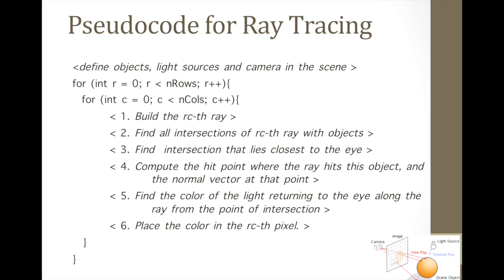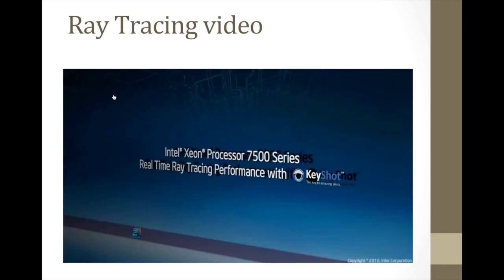And ultimately, once we trace that ray back, it may be several steps. Step 5 here is often its own loop where we're tracing that back many times. But eventually, once we find out what that ray is and what it's hit, then we can determine what color it should be. So then we put the color in that pixel and we go to the next pixel.